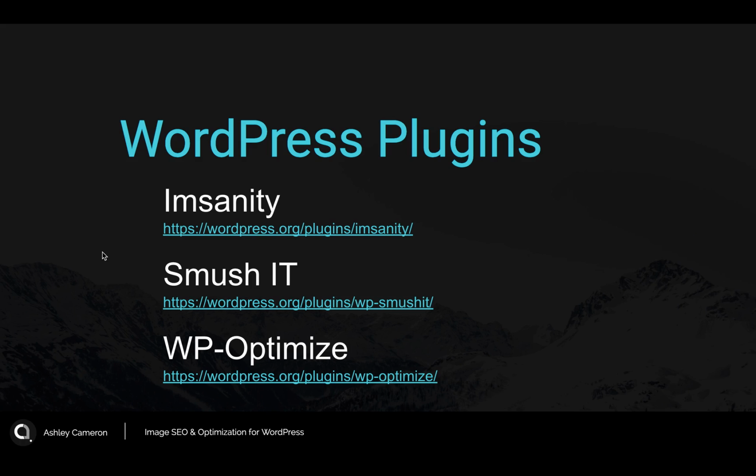A few plugins I want to note that can help with compression are Imagify. I've been using that one for several years, and it'll allow you to batch resize or downsize images. Smush It is another popular one, and WP Optimize.